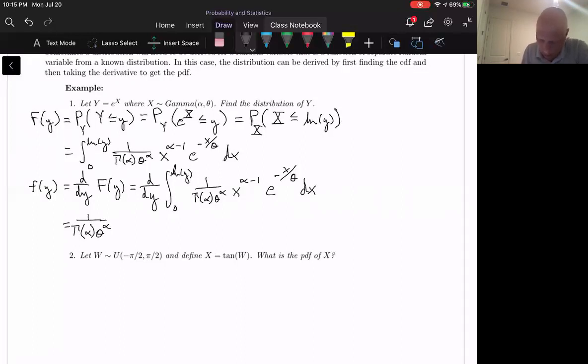Then x is the natural log of y, to the alpha minus 1 power, e to the negative, and x again is natural log of y, over theta. But then the other step is to take the derivative of that bound. The derivative of the natural log of y is 1 over y.